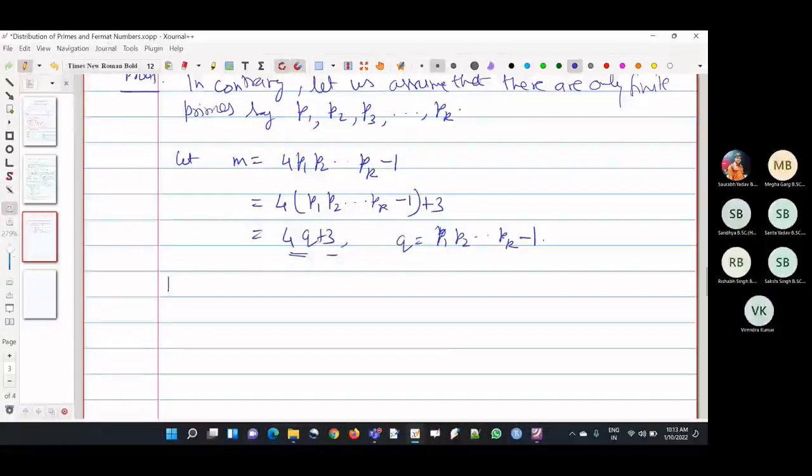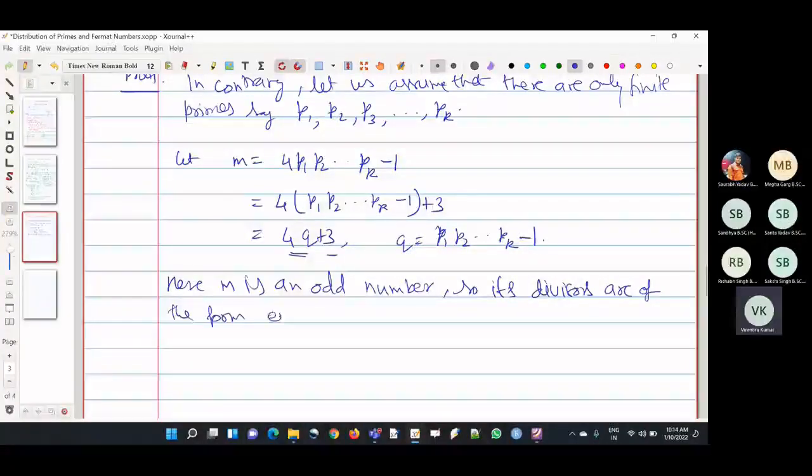Okay, so here m is an odd number. So its divisors are of the form either 4q plus 1 or 4q plus 3, like this.